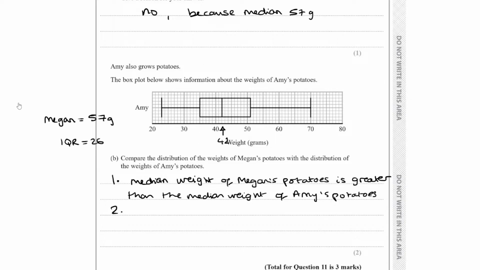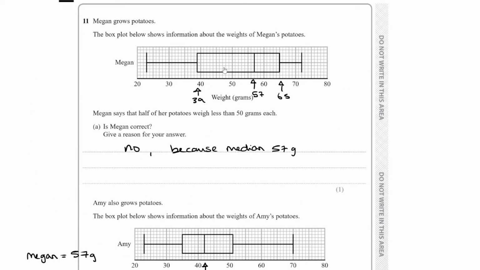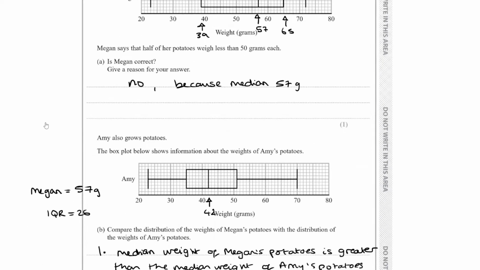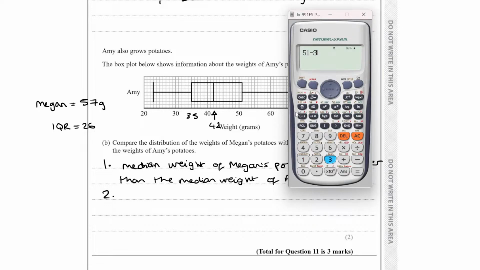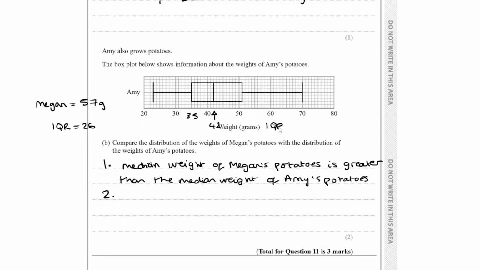So you could just have a little look and say you can clearly see that Megan's is much bigger if you didn't want to work it out, but I would recommend double checking. But normally the scale is the same. Here we've got 35 and 51, which is 16. So you can see hers is a lot less.